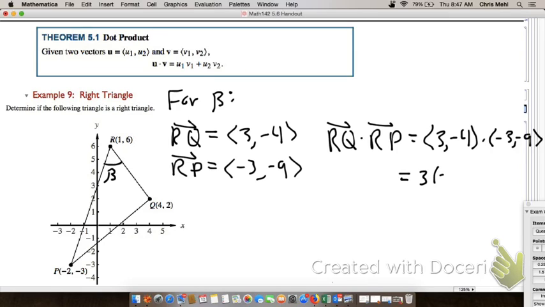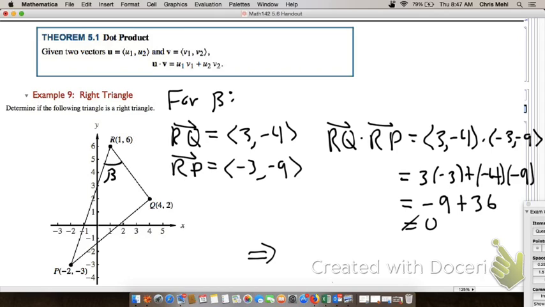This equals 3 times minus 3 plus negative 4 times negative 9. That's the formula of the dot product. And this will give us negative 9 plus 36, certainly not equal to 0. Okay, so what this implies is beta is not equal to 90 degrees. So that angle is not going to be a right angle.